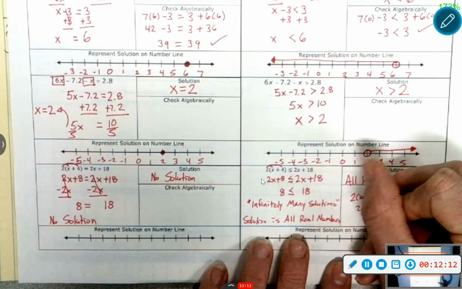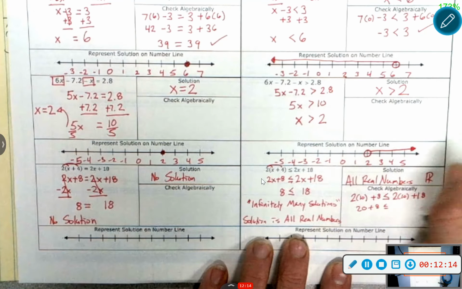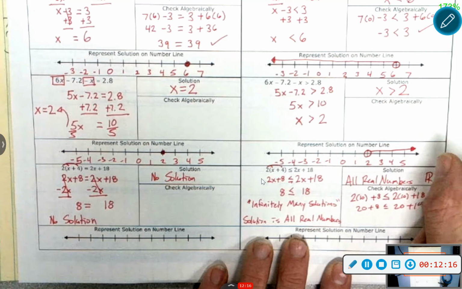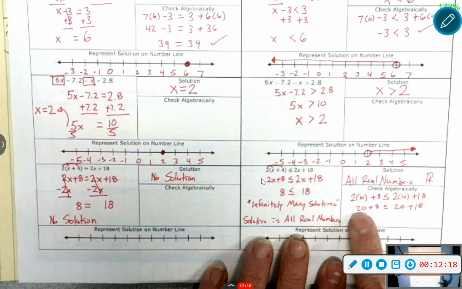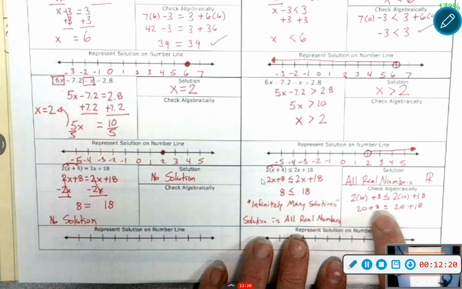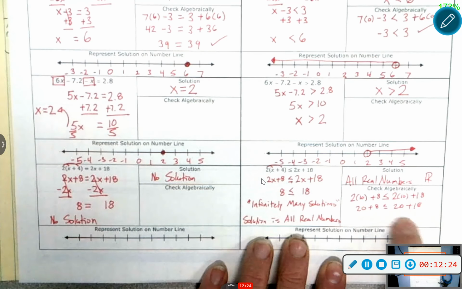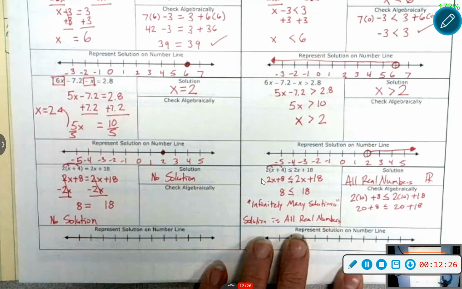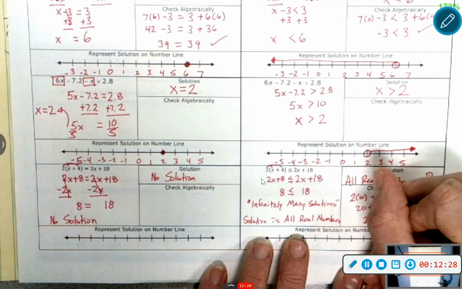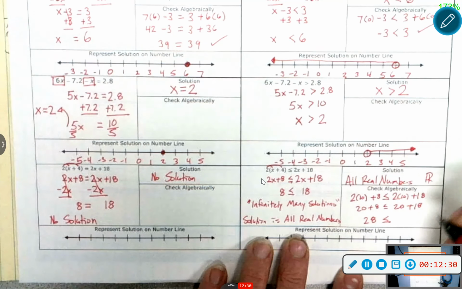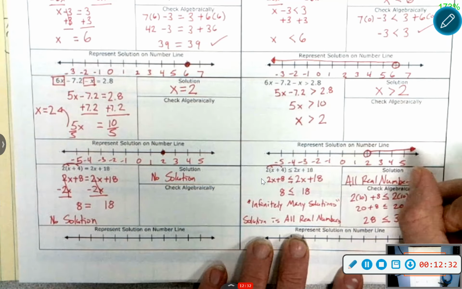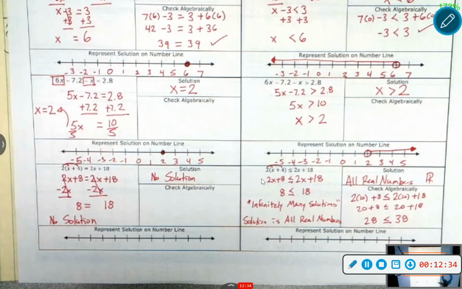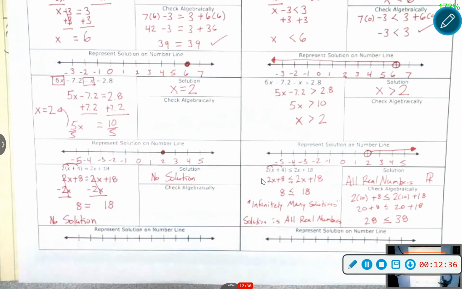I get 20 plus 8 is less than or equal to 20 plus 18. And you can already see if you have two 20s, adding 8 and adding 18 will definitely make the side that has 18 being added to it bigger. So that is a true statement. 28 is less than or equal to 38. So that is a true statement no matter what x value you plug in.